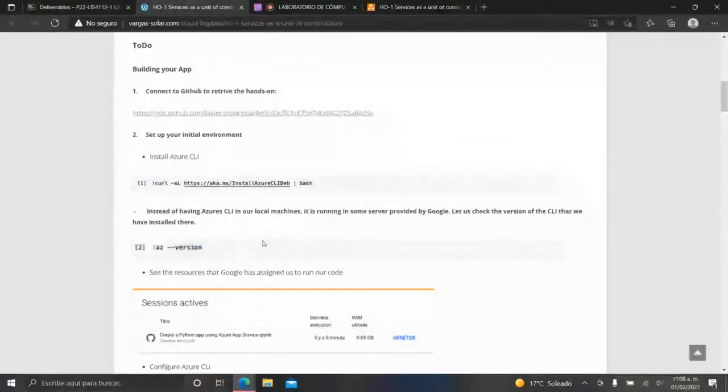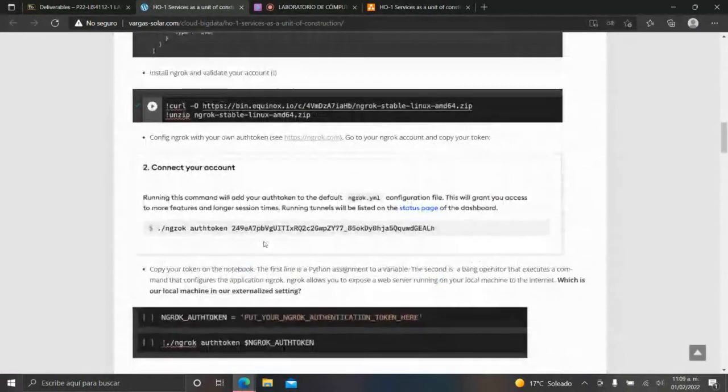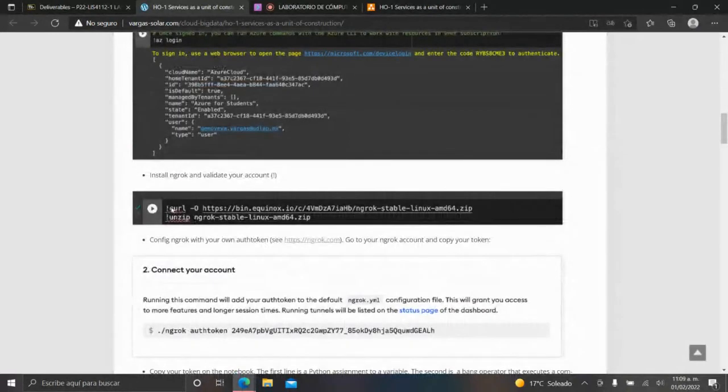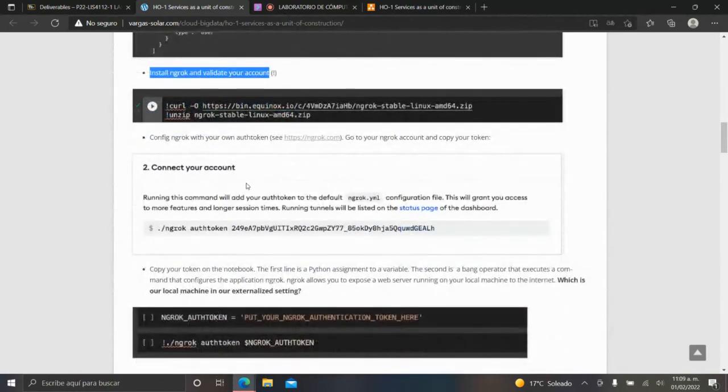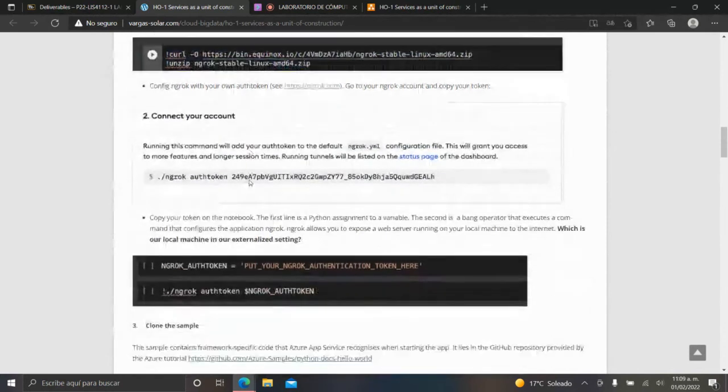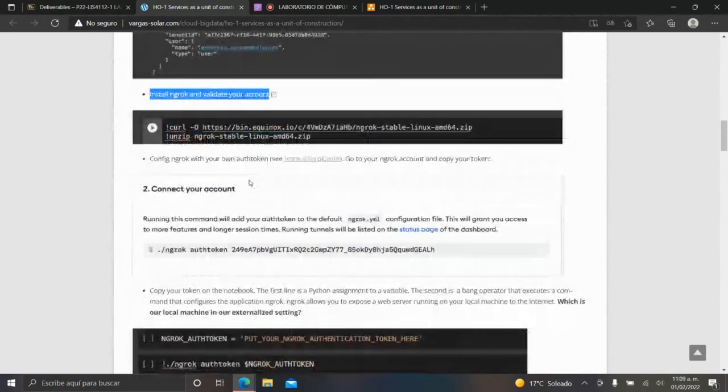We unzipped it on Google Drive, and then we executed the YAML.